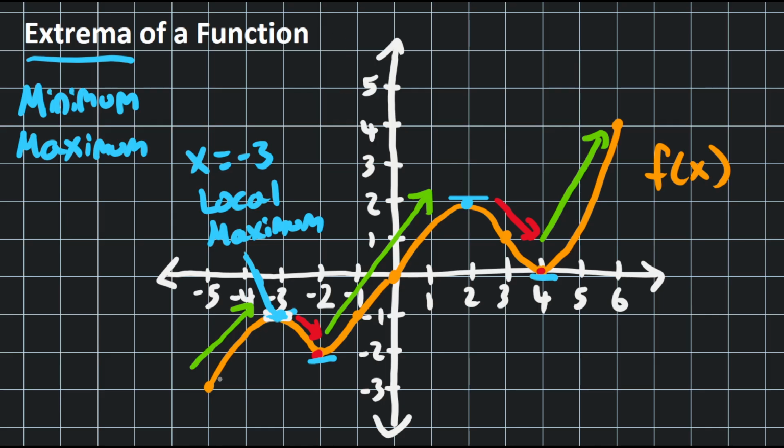And you can kind of see why it's a local maximum: this is where the function reaches its highest point within this vicinity. If I draw a rectangle right here around all of this piece, and we only look at this area, this function reaches its highest point right here at x equals -3, and y equals -1.